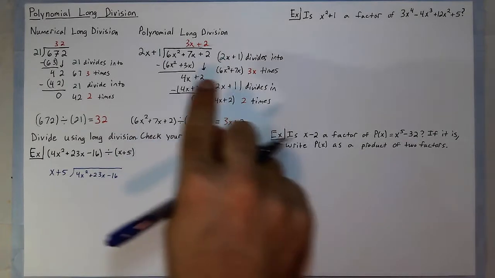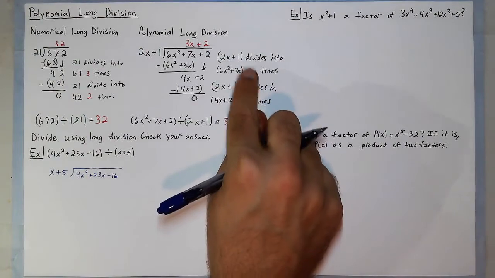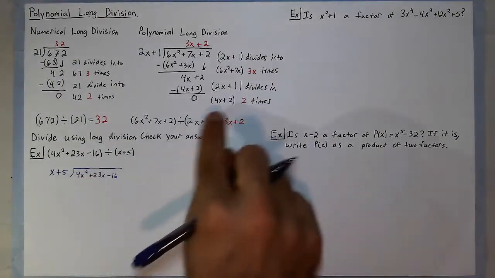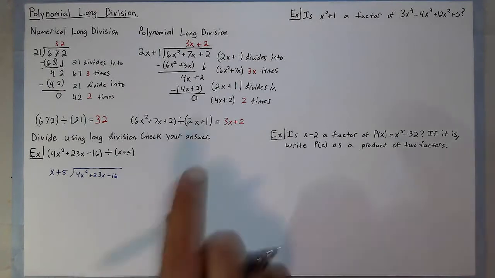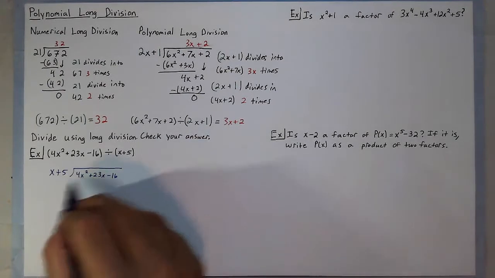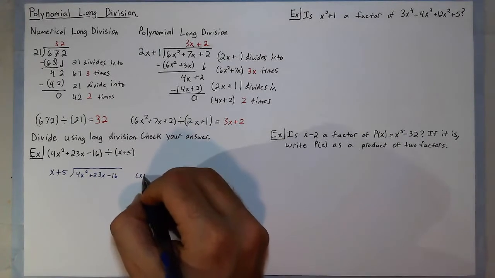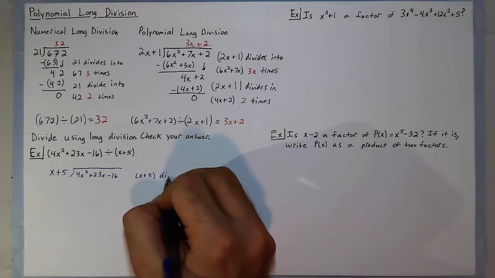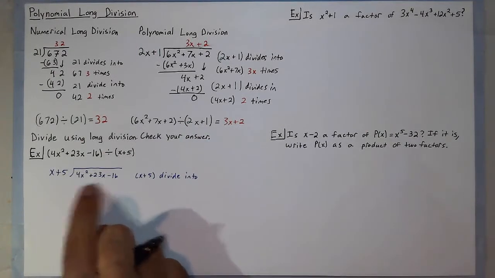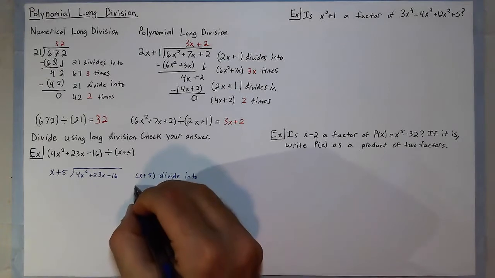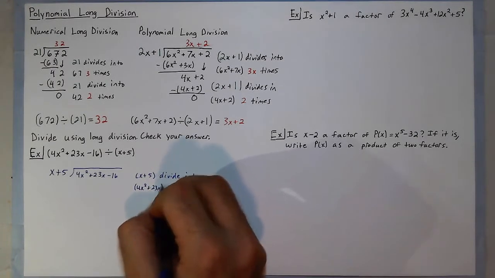Now before, I kind of used this as an example to see how many times that term divides into the other set of terms. But here's the trick of how to figure that out. Right now I'm looking for how many times x plus 5 divides into the first two terms of my polynomial, which is 4x squared plus 23x.